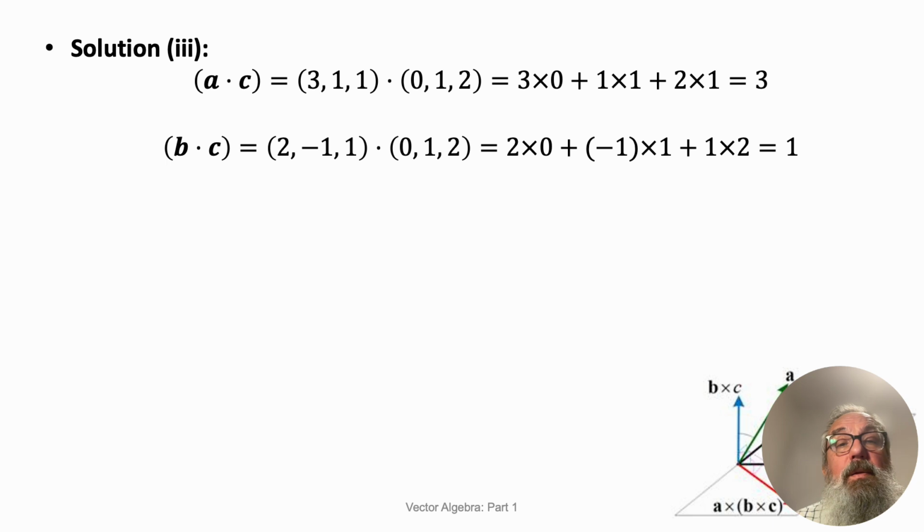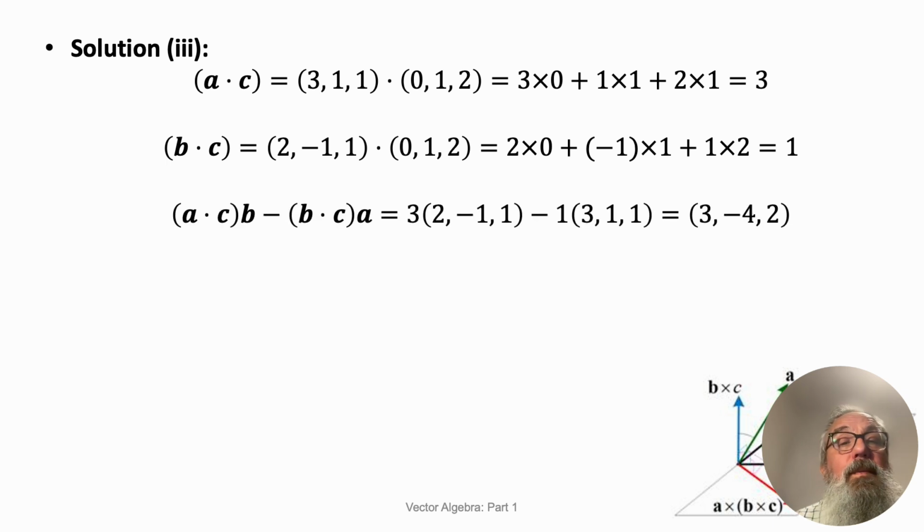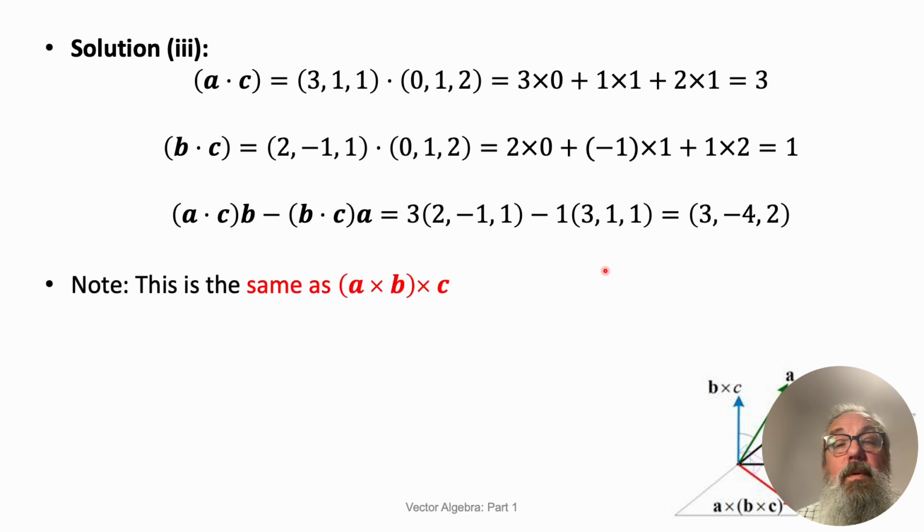Solution 3. A dot C gives you a number, a scalar. B dot C gives you a scalar. 3 times B and minus 1 times A is what we have here. Gives you 3 minus 4, 2.